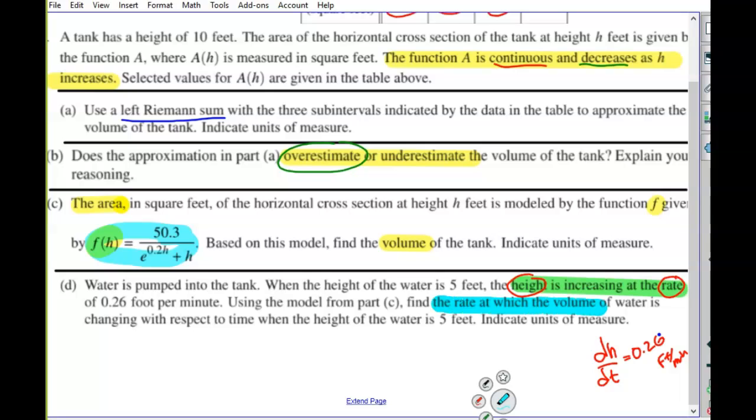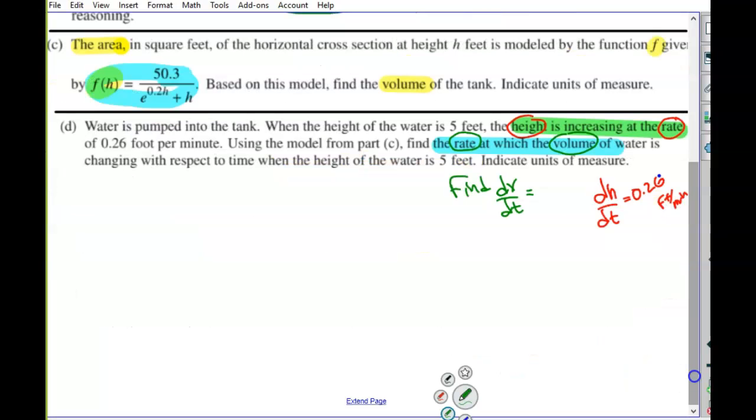Well, wait a minute. Find a rate of volume. So I have to find dV/dt, which next week we're going to get into looking at these rates of change, or related rates, but this is an early example of one. When the height is 5. So what I need to do is I need to set this up. Well, what is it?